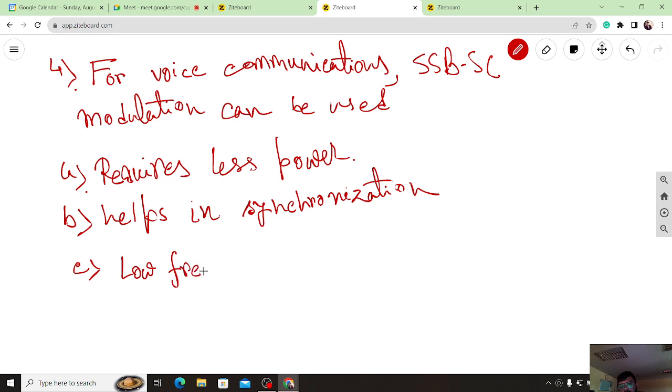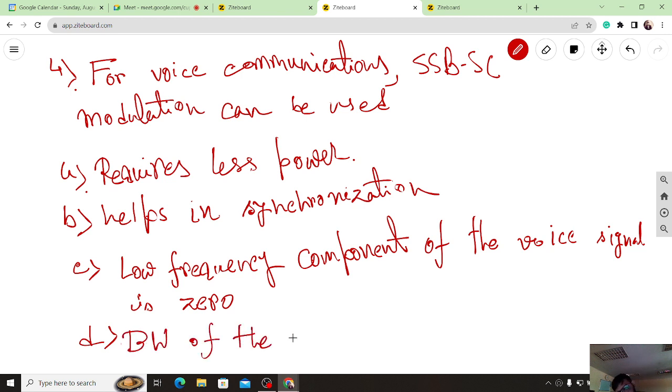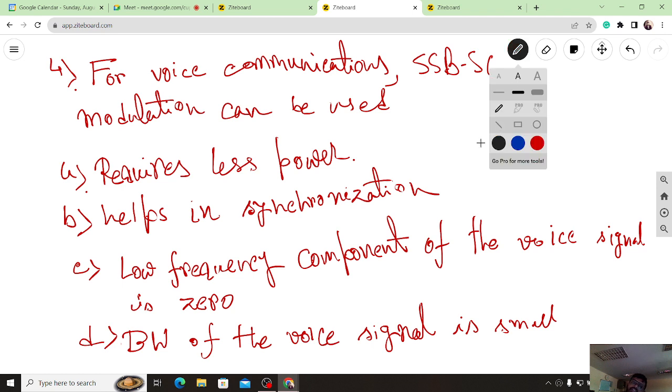C, low frequency component of the voice signal is 0. D, bandwidth of the voice signal is small. So the correct option here is option C.